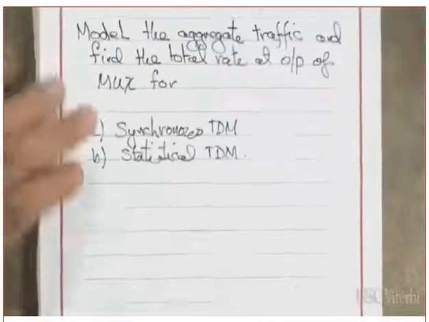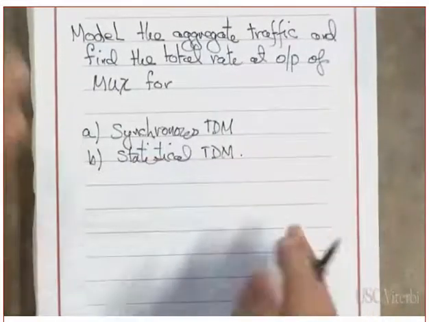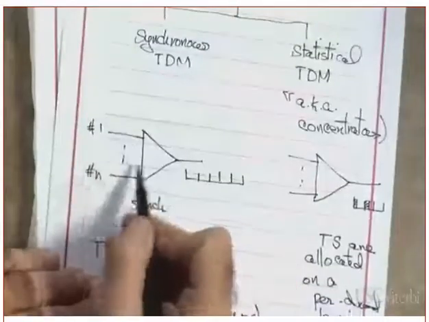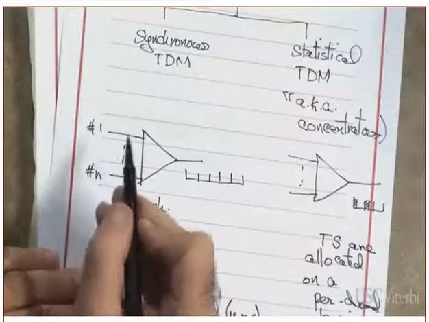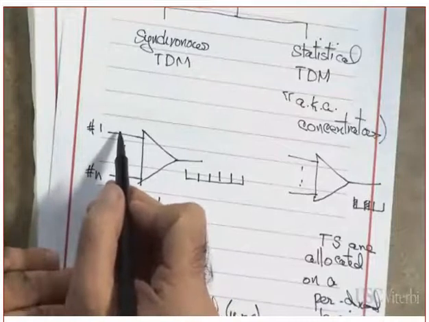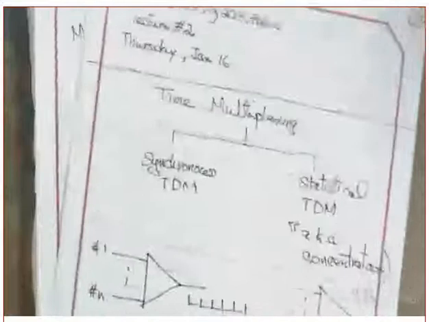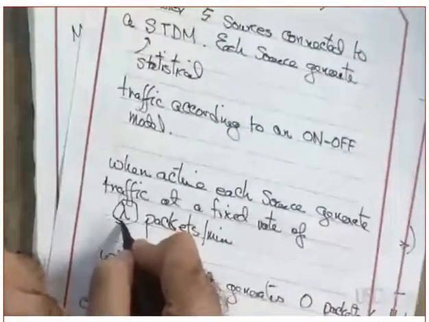Clear? Okay. Now, let's look at the synchronous TDM first, because that's very simple. In synchronous TDM, what do we say? Does it matter about the activity of the sources? It does not matter. Each one generates at what rate? Lambda.